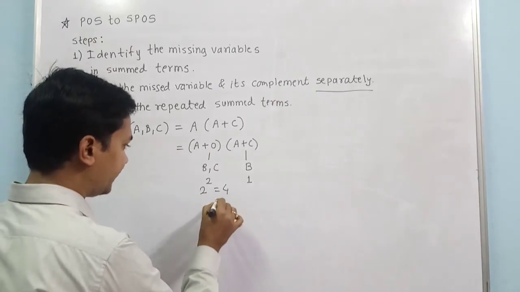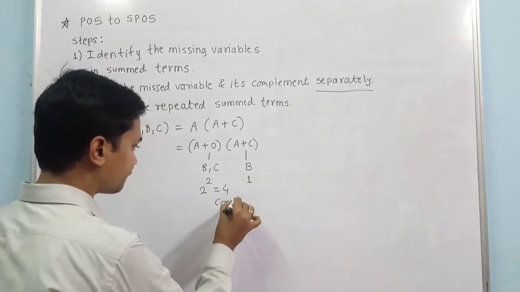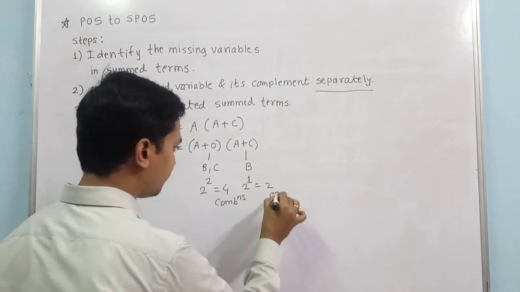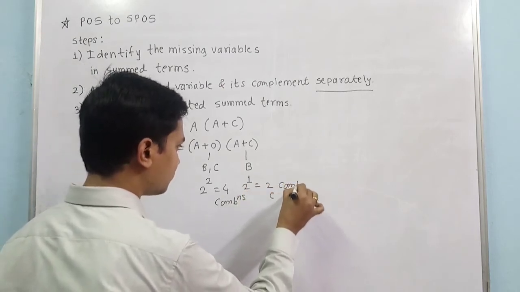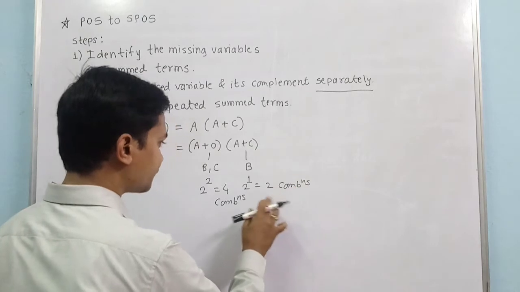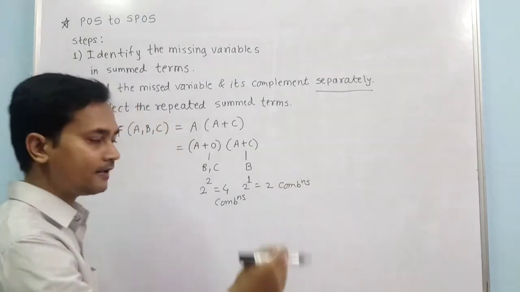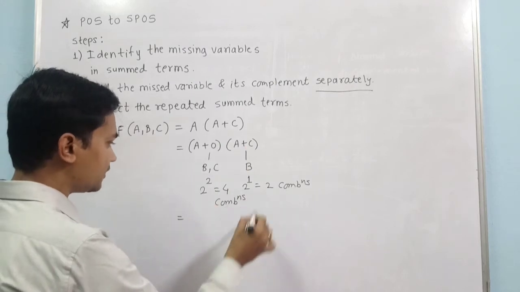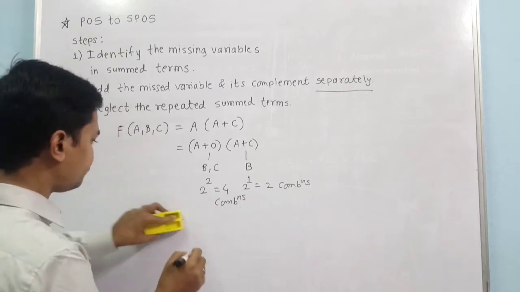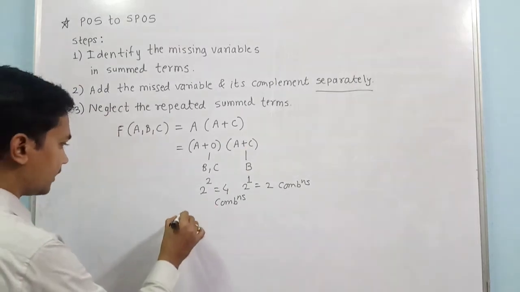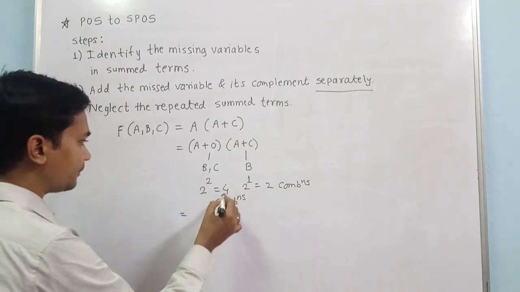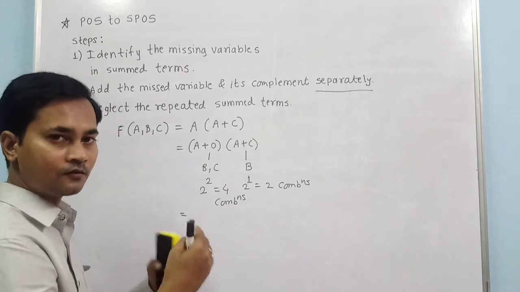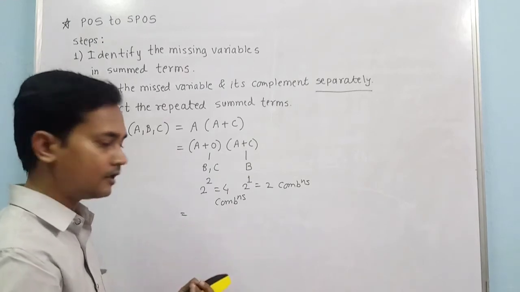And here 2 raised to 1 equals 2 combinations have to be added to this A plus C. Now how to write these combinations? 2 raised to 2 equals 4, that means by using 2 bits we can have 4 combinations: 0 0, 0 1, 1 0 and 1 1, that we know.